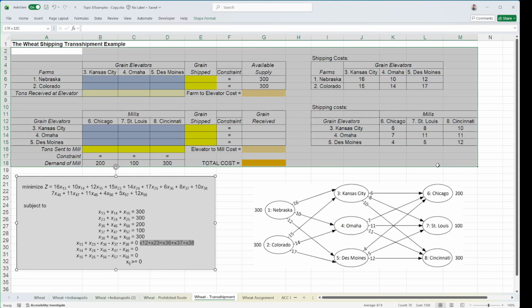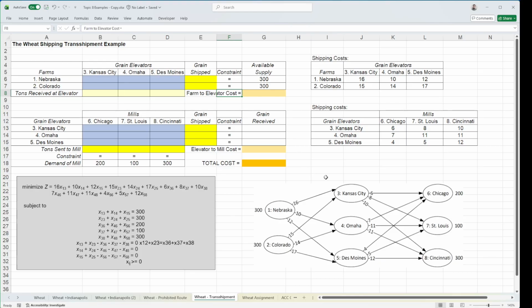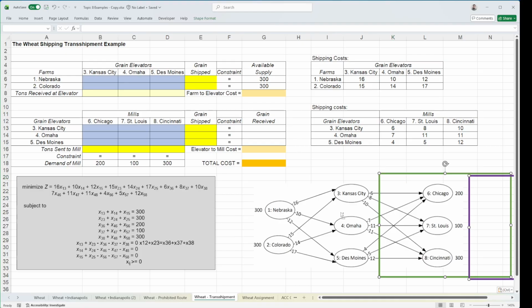As you can see here, we have 4 tables. Actually what we did is to break this network into 2 parts.